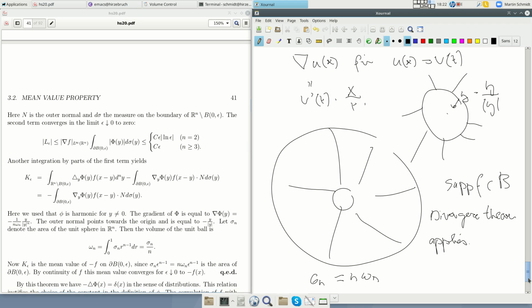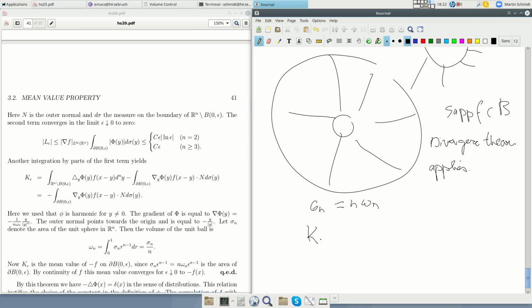Yeah, so what comes out, k epsilon is the mean of f on the boundary of the ball 0 epsilon. What does mean mean?